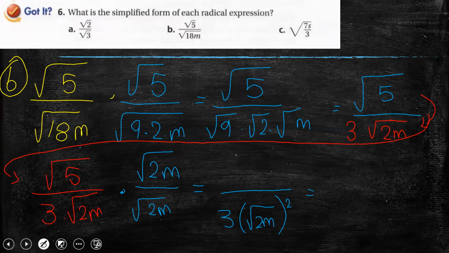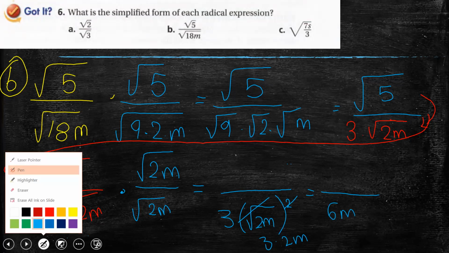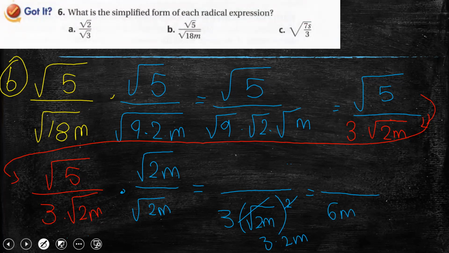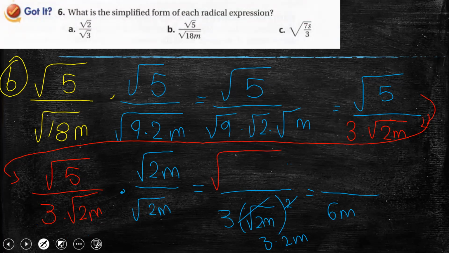And since the square root and the square cancel each other, I will say it's 3 times 2m, which is 6m. Now let's come back to the numerator. We have square root of 5 times 2m. Is it right? Yes. Let's combine them. We get 10m. So I have now square root of 10m.